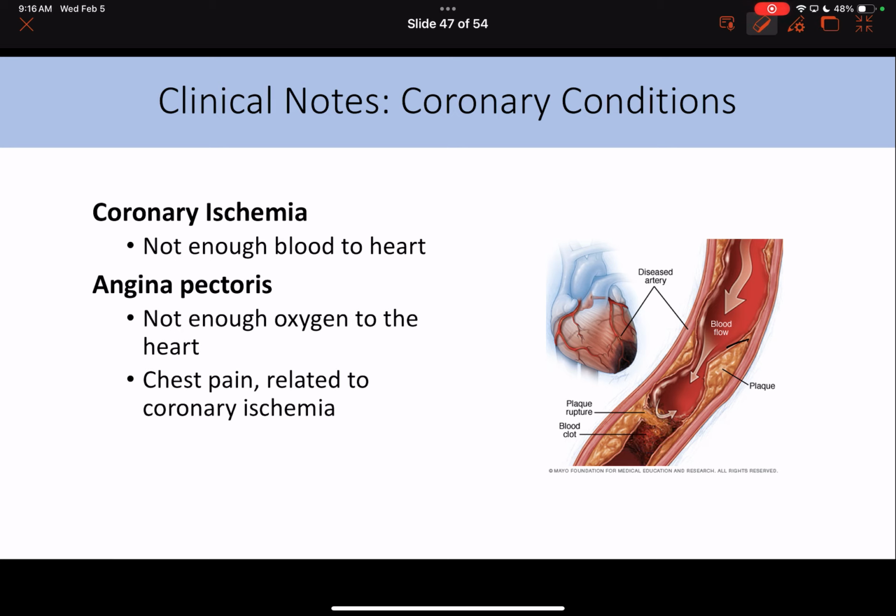And then angina pectoris is when you have not enough oxygen to the heart and it causes chest pain. So angina pectoris is the chest pain that's associated with coronary ischemia. Okay, so coronary ischemia is when you have partial obstruction that's not allowing you to get enough blood to the heart.